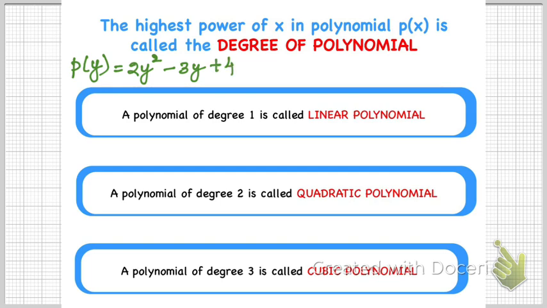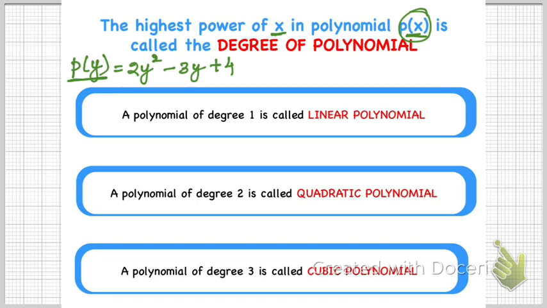Here the degree of the polynomial is the highest power of y, since y is the variable. In the definition I wrote x because we were denoting the polynomial as p(x), but if we denote it as p(y), then we take the highest power of y.